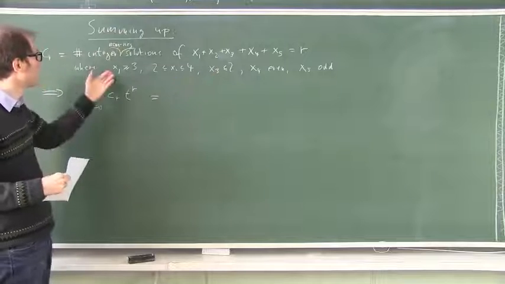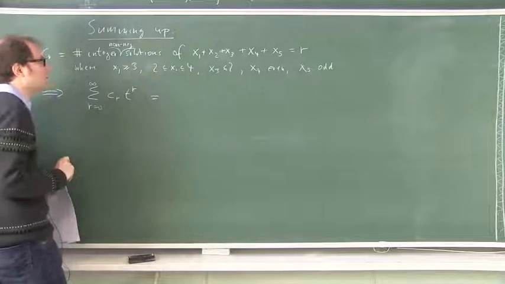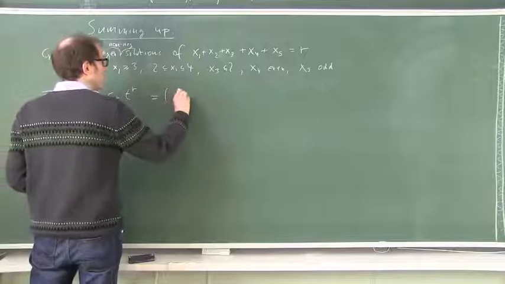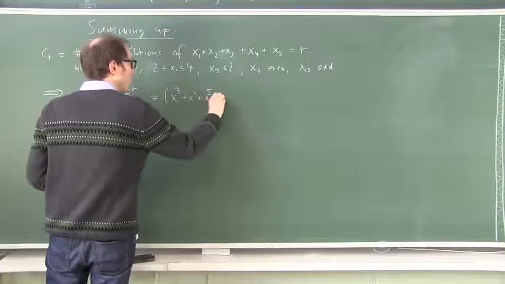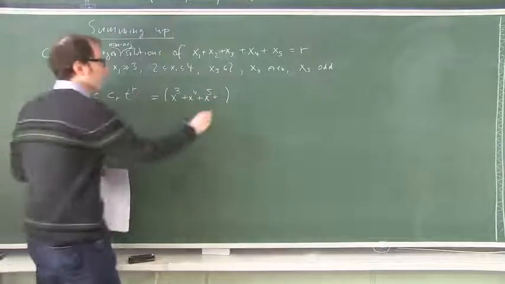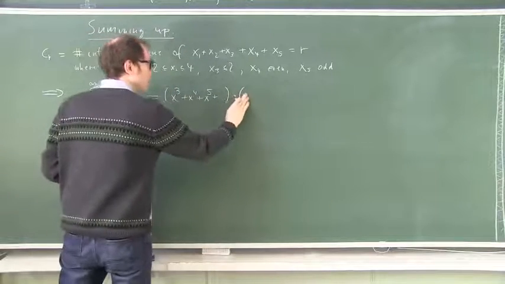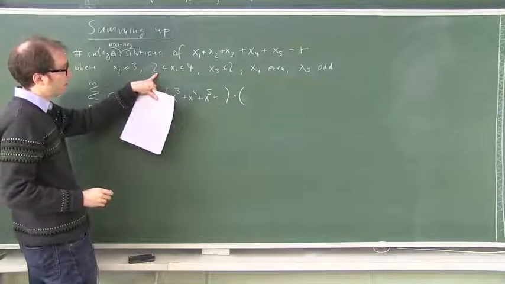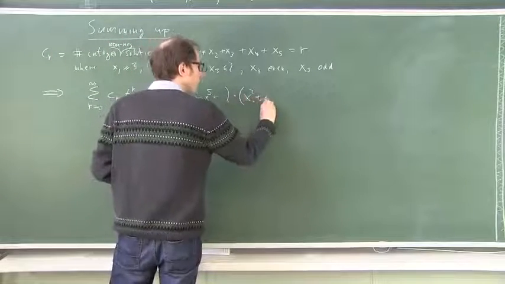So this is now just a problem with x1. x1 should be at least as large as 3. So this should start from x to the 3, x to the 4, and so forth. Now here we multiply. In this case, the only range we have is that we can put in 2 balls up to 4 balls, so it's x to the 4. There's only one way how to do that.